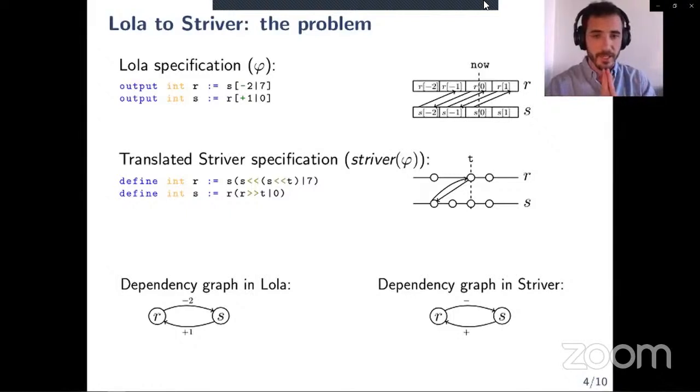Instead, in the translated Striver specification, what we have is that r depends on past values of s, and s depends on future values of r. But this specification is not well defined. It does not guarantee the absence of circular dependencies between the events, and in consequence, the translated Striver specification is illegal.